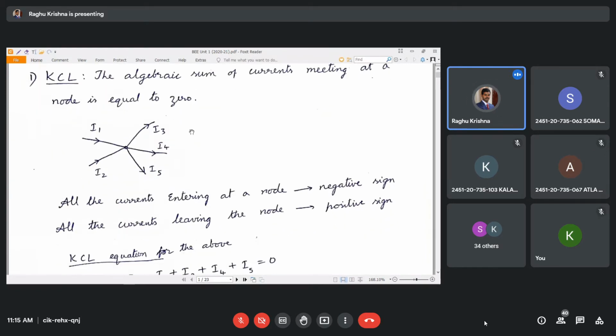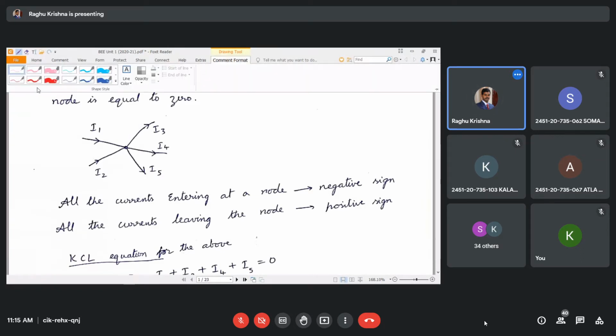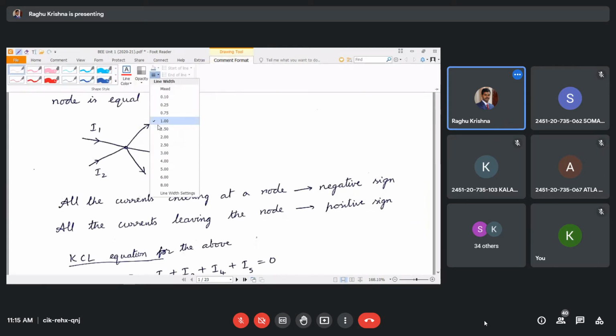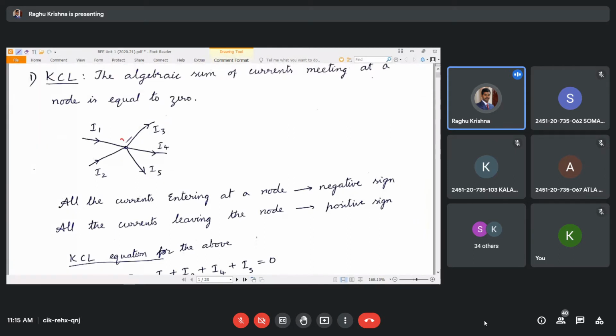Let us say this is a node, represented by the node n. What are the currents meeting at this node?